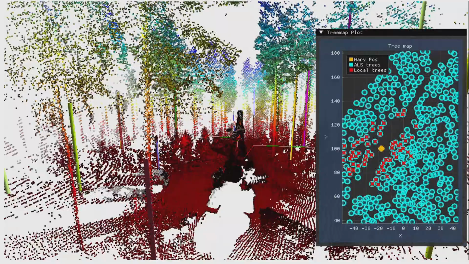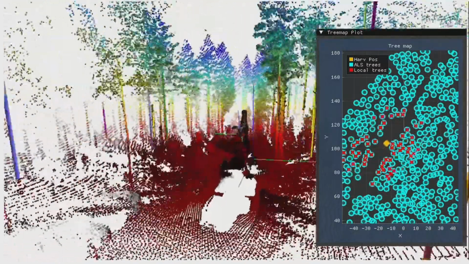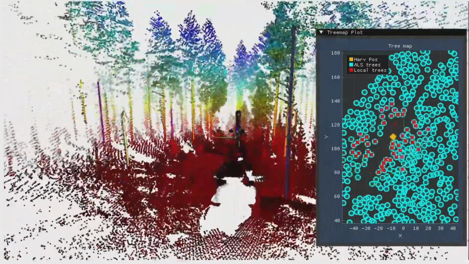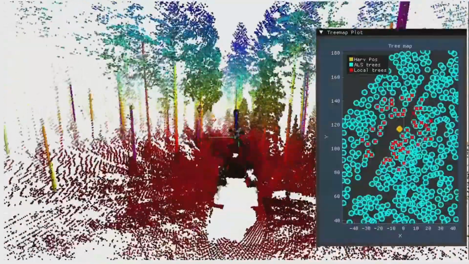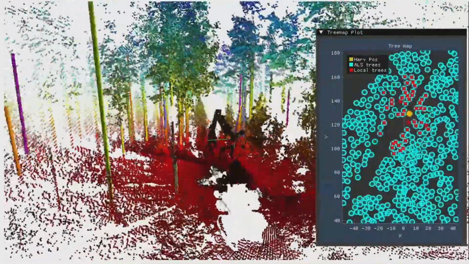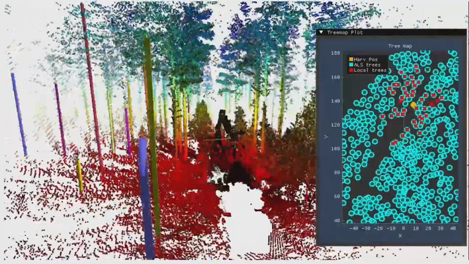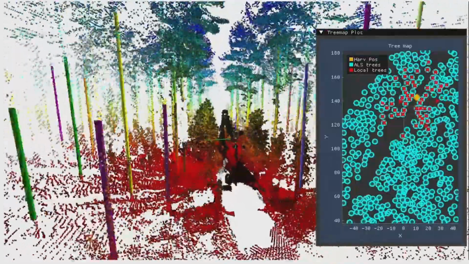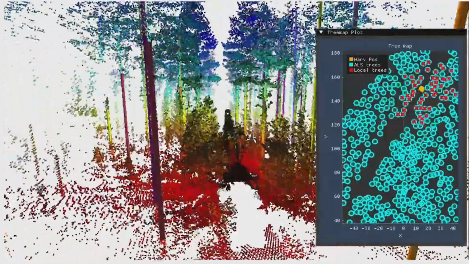And this is how it works. In principle the harvester is basically staying at the same spot. But this is how you see the trees if you have a digital twin, and how you can do it.